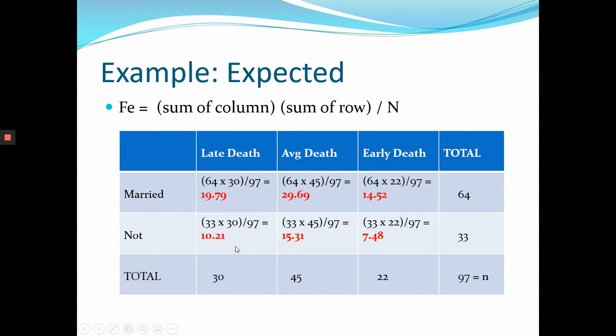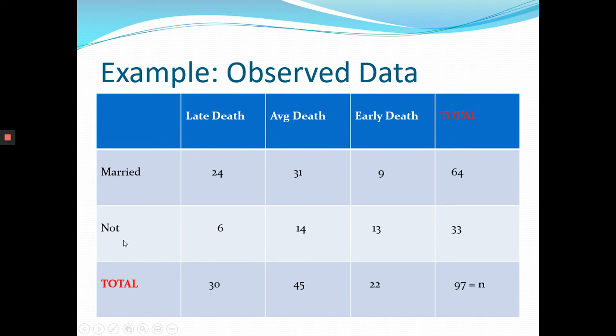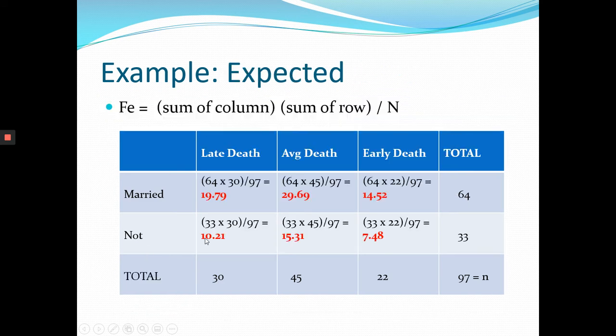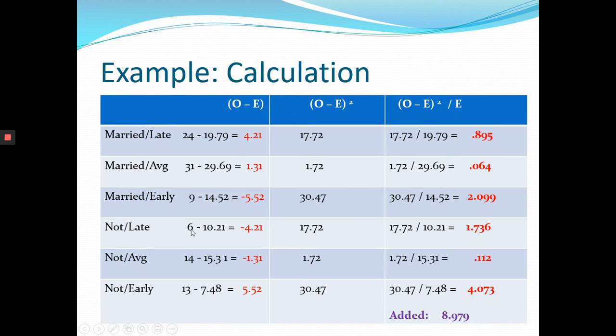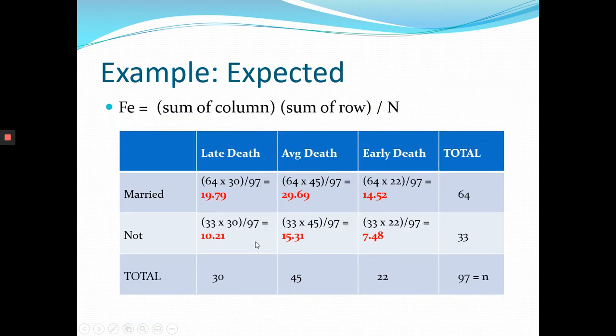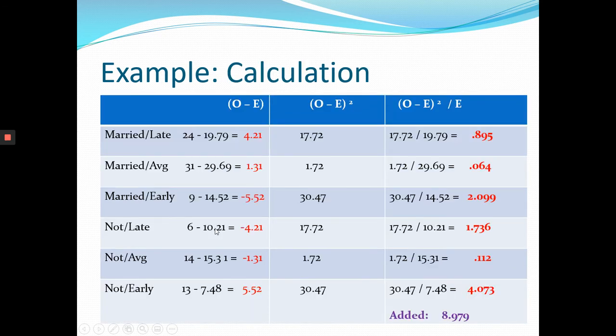So not married and late. We have 6 people in our sample, so 6 is the observed. What's the expected? The expected is right here, 10.21. So 6 minus 10.21 is negative 4.21. You might be thinking, well, what's the negative mean again?